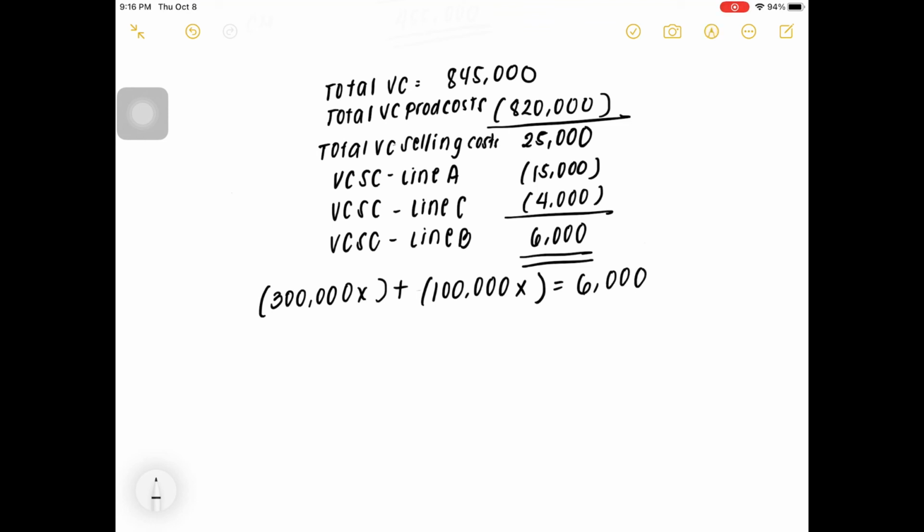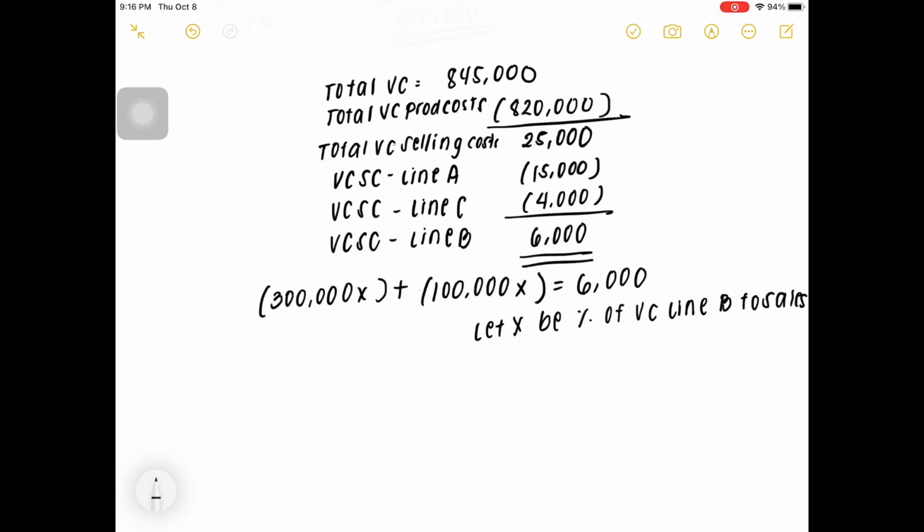So in here, let x be the percentage of the variable cost of line B to sales. You have to take note that the percentage for both domestic and foreign market should be the same.